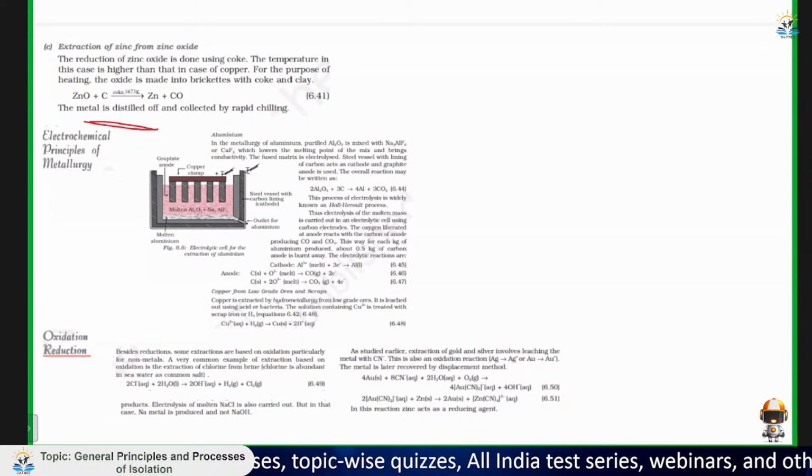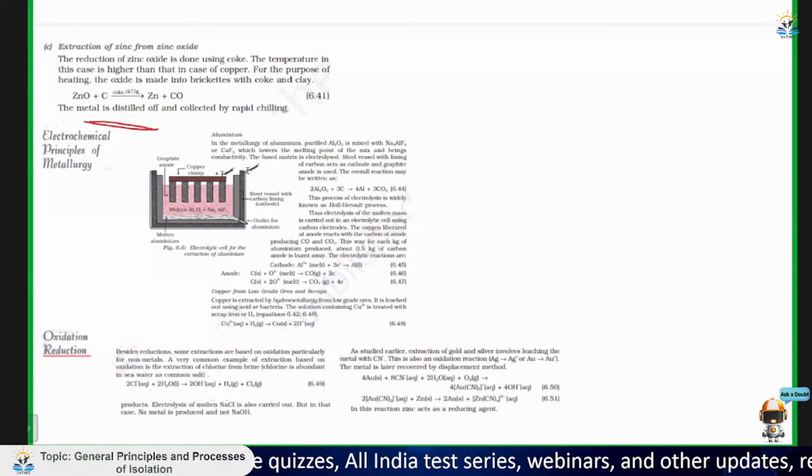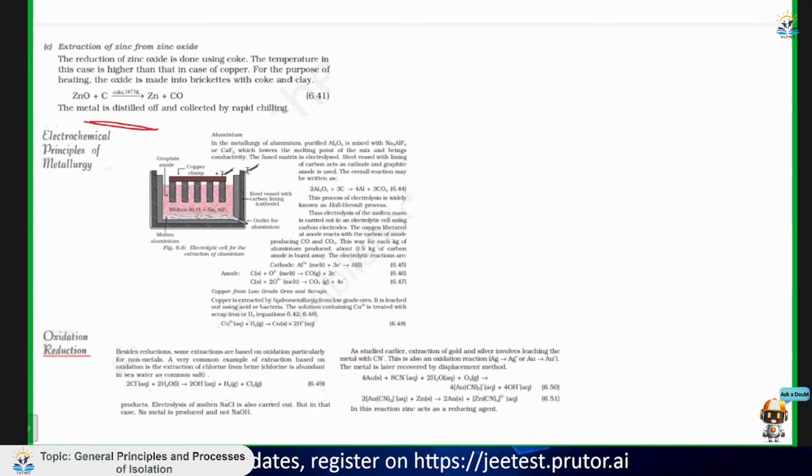Essentially, your anode is, I don't remember this. The anode is graphite rods inserted with the copper clamp. The cathode is the steel vessel containing carbon lining. Your electrolyte would be Al2O3, and you're going to add Na3AlF6 and CaF2.